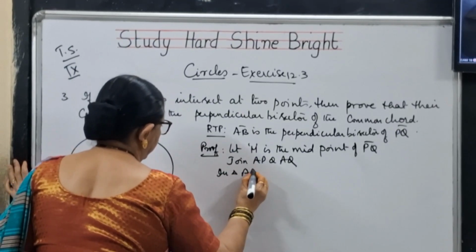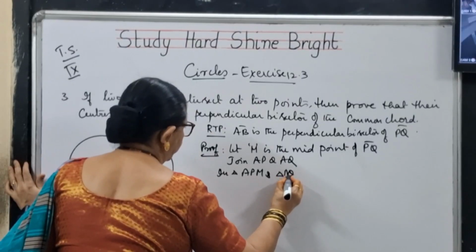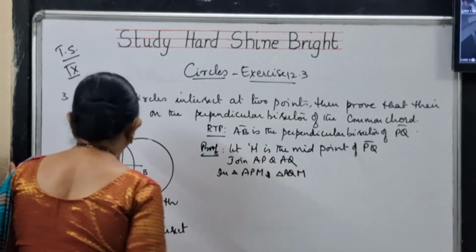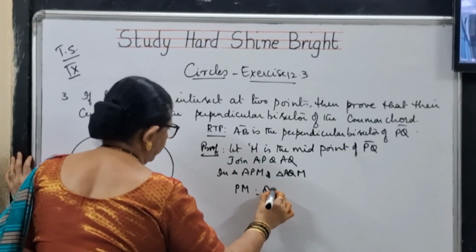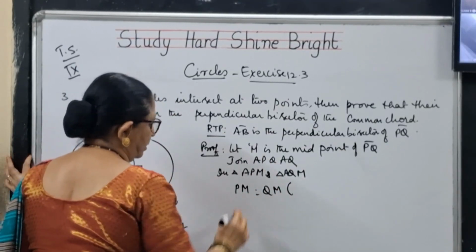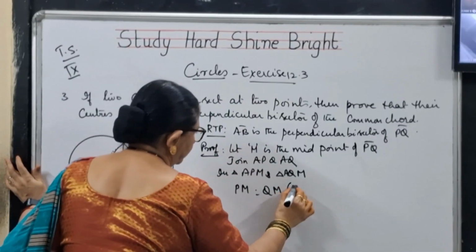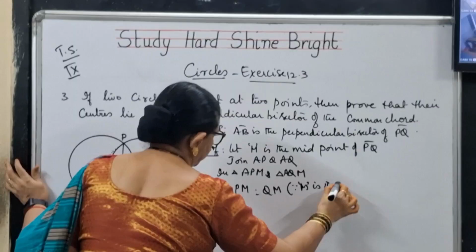Join AP and AQ. So when we are joining this, we are getting triangles. In triangle APM and triangle AQM, PM is equal to QM, because we are considering M as the midpoint.